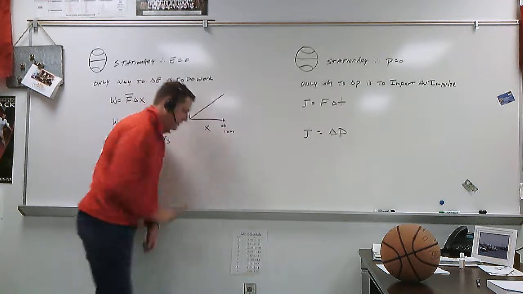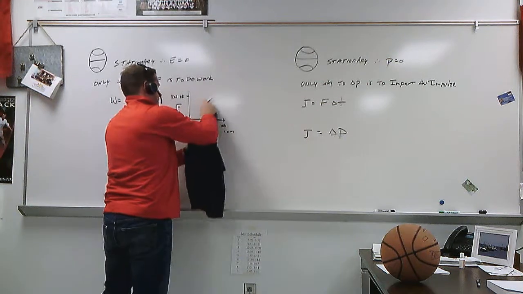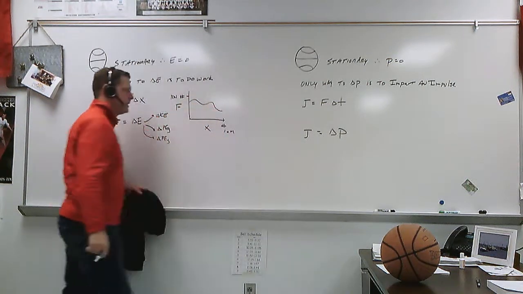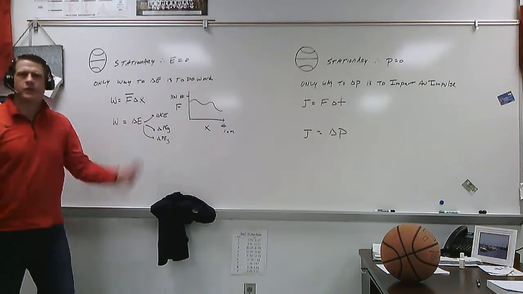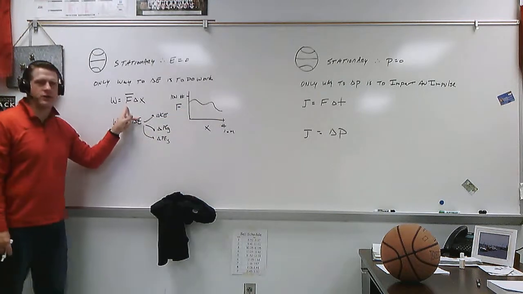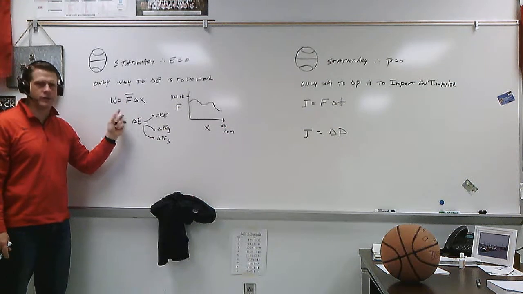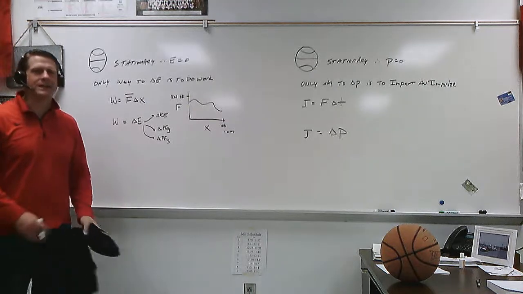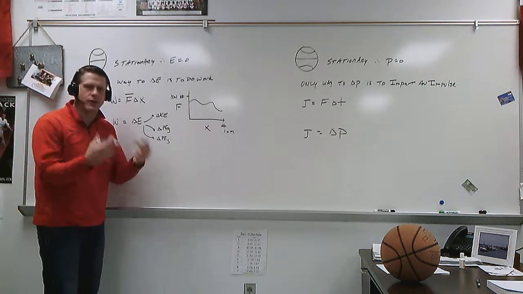However, that becomes even more difficult if we have a force that varies but doesn't vary steadily. Now all of a sudden it becomes very difficult for us to figure out what this average force is. So now we've got to go to some different ideas. And that different idea is area under the curve.